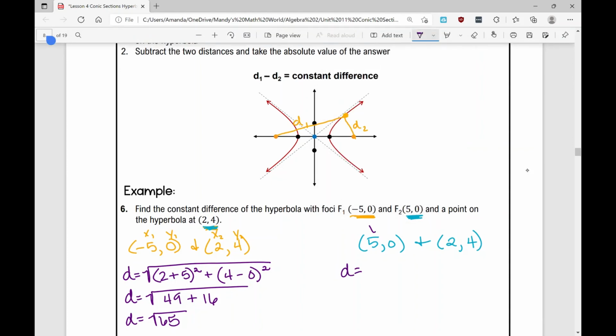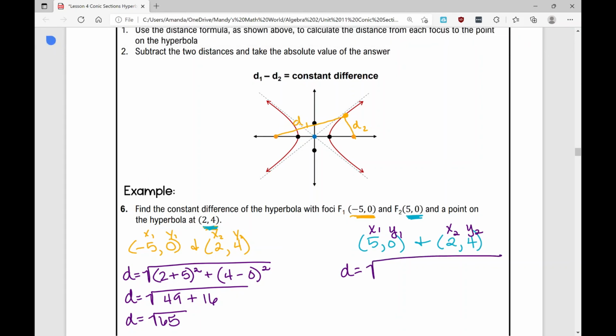I'm going to label this x1, y1, and x2, y2, though you don't have to do that. I'm expecting you, because I've done a review over the distance formula and we did this with the ellipse, so I'm working fairly quickly through this. Now I'm going to subtract the x's, which is 2 minus 5.